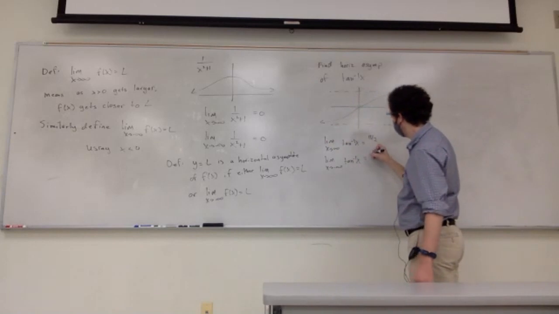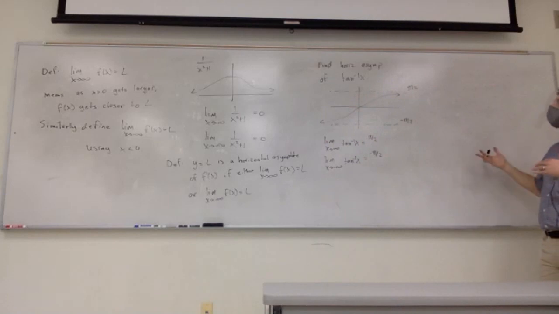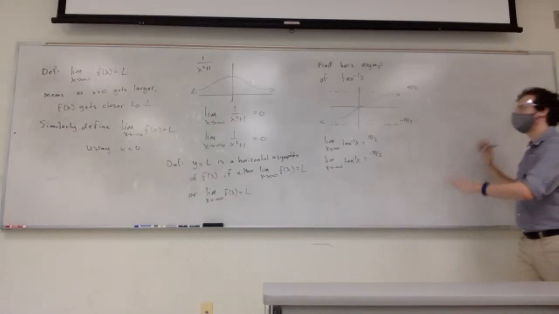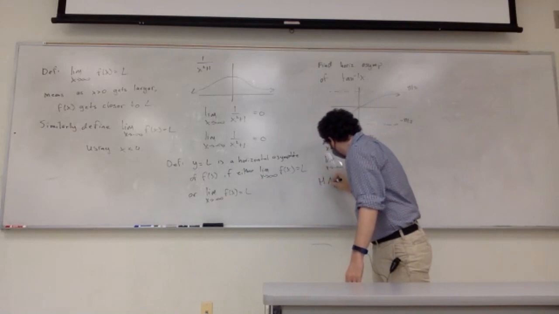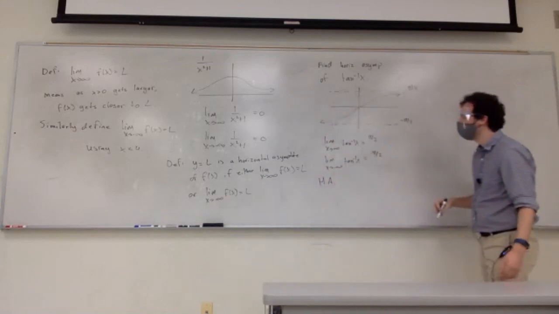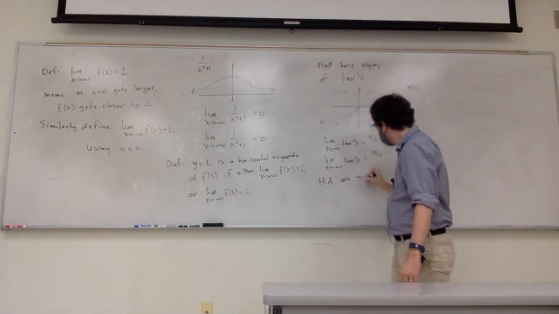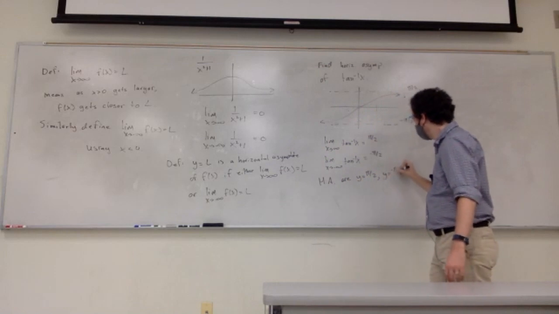So there are actually two different horizontal asymptotes, depending on which direction you're looking: the two lines y equals pi over 2 and y equals negative pi over 2.